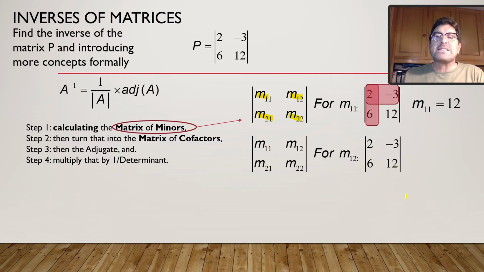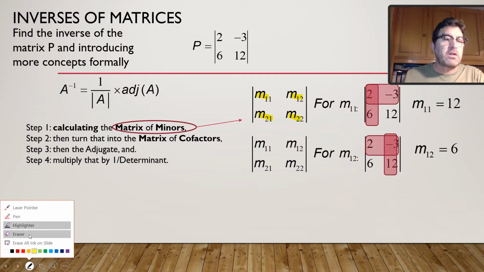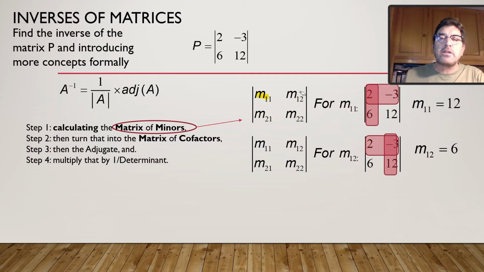We do the same for M12. That means row 1, column 2. So we're going to cover row 1 and column 2, and the entry will be 6, as we see over there. Okay, let me just get rid of those markings because I'm going to move all of this around in a few minutes.